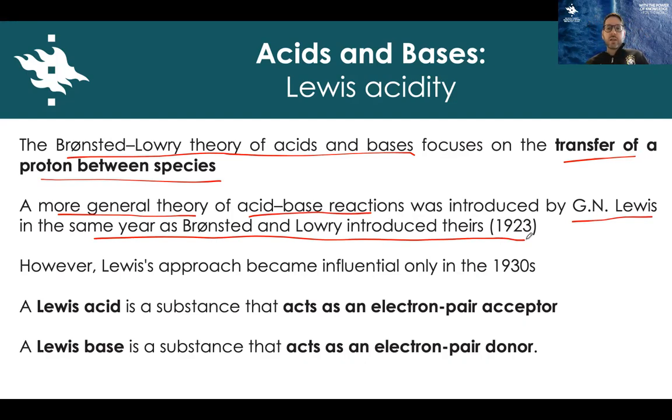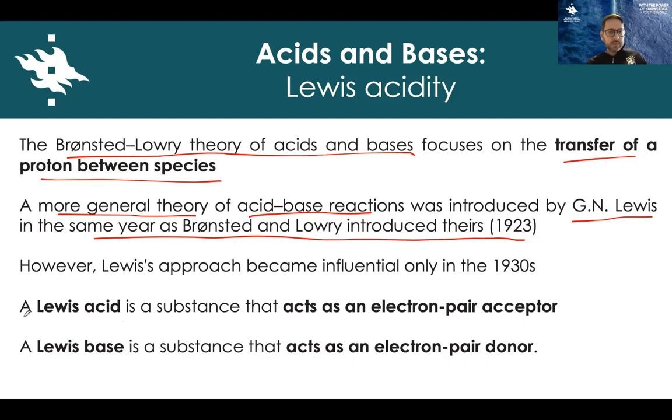However, this Lewis approach became influential only in the 1930s, so it took a longer time to become accepted. The Lewis theory is more general relative to the Bronsted-Lowry and escapes the limitation of being restricted to the transfer of a proton to define an acid or a base.